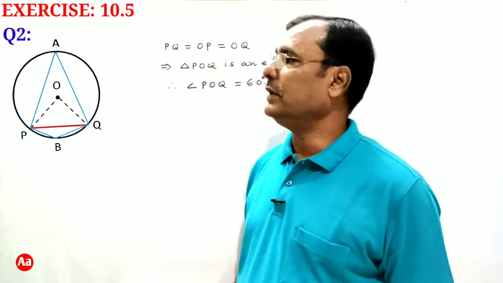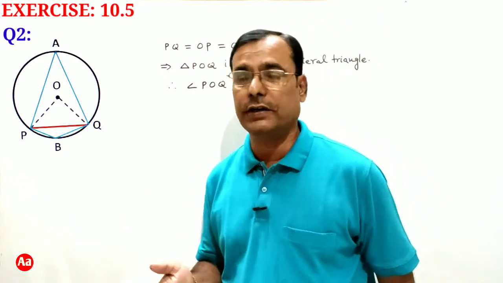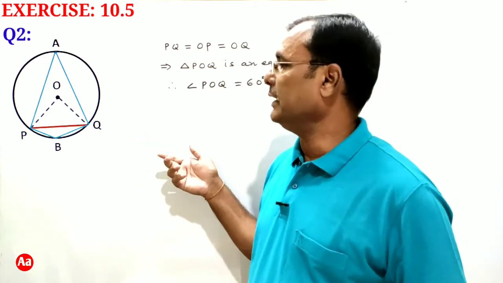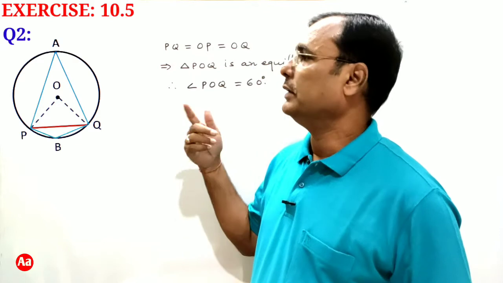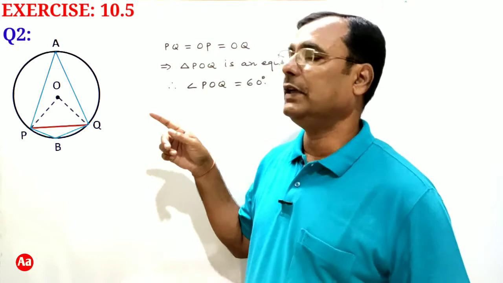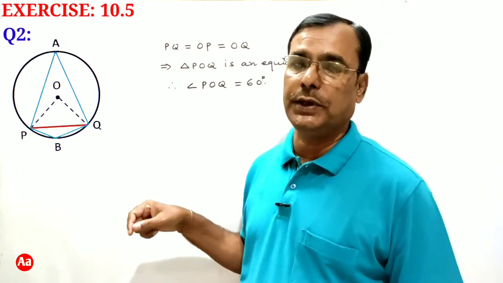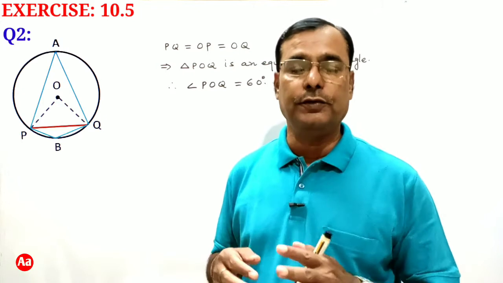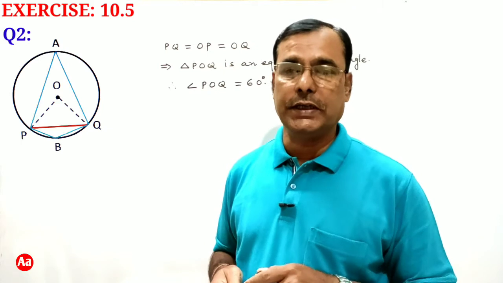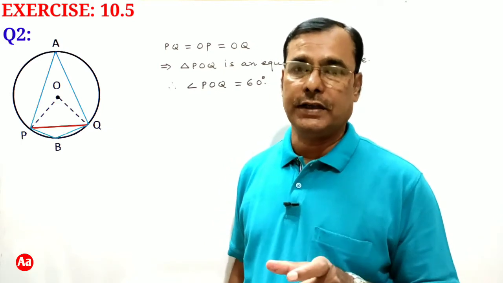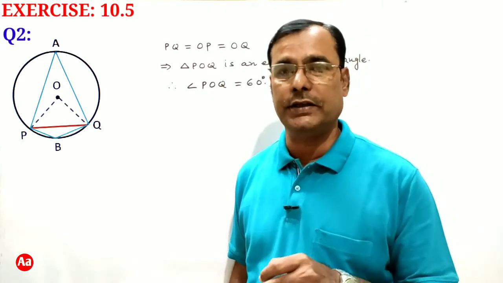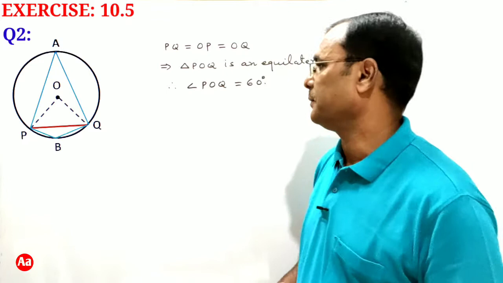Now angle PAQ is subtended by the chord PQ at point A, or you can also say that arc PQ subtends angle POQ at the center and also angle PAQ at point A in the remaining part of the circle, and therefore we can apply theorem 10.8. The angle subtended by an arc of a circle at the center is twice the angle subtended by the same arc at any point in the remaining part of the circle.